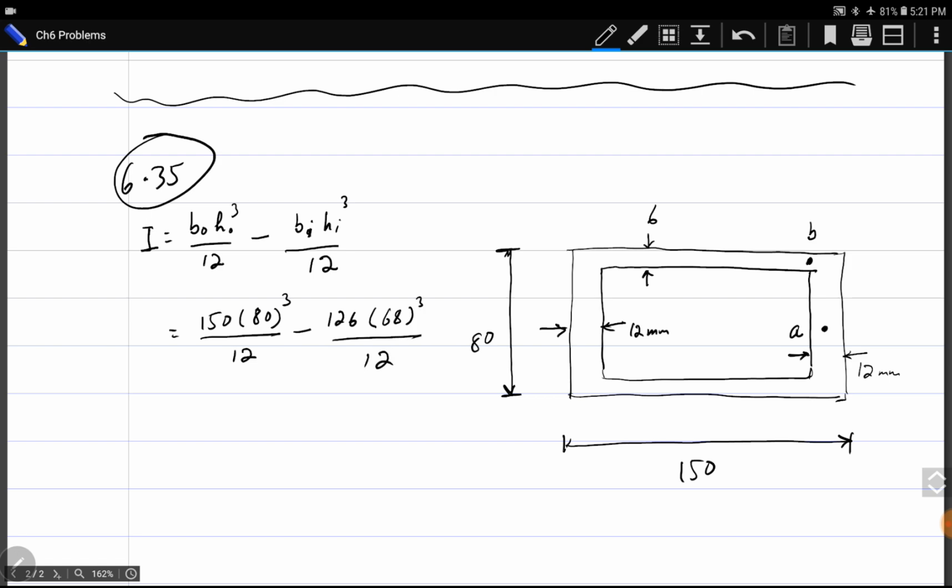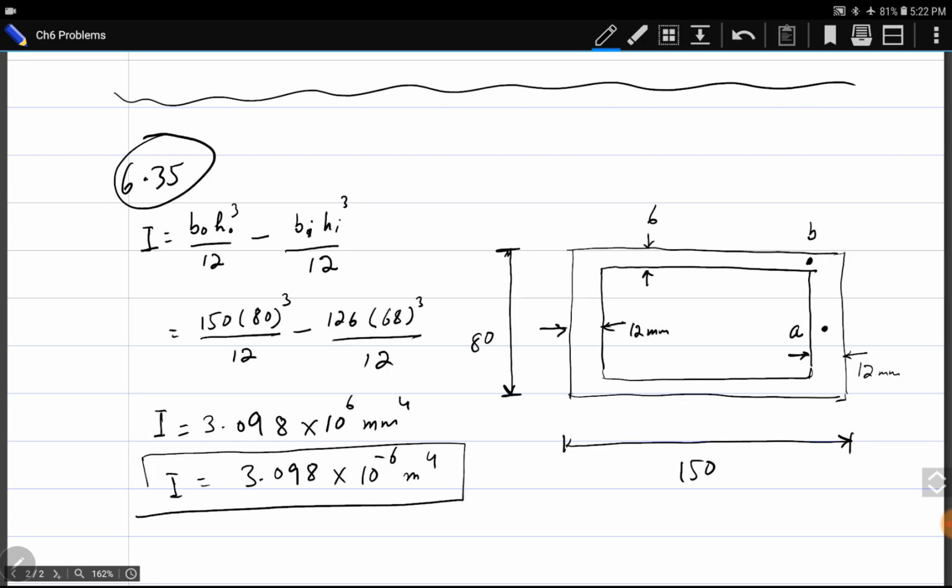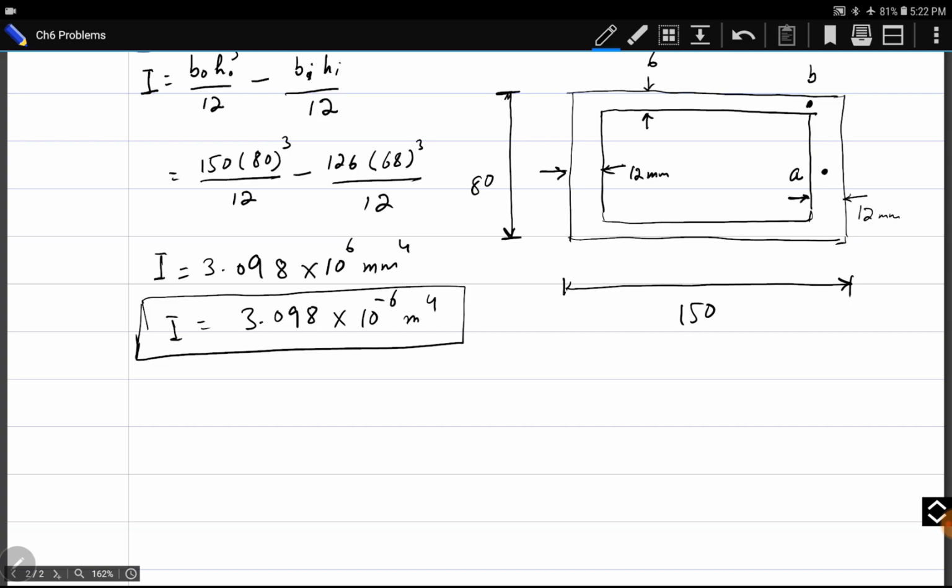So outer rectangle minus inner rectangle, I becomes 3.098 times 10 to the 6 mm^4, or 3.098 times 10 to the minus 6 m^4, by keeping 1 millimeter equal to 10 to the minus 3 meters. Okay, I has been calculated.